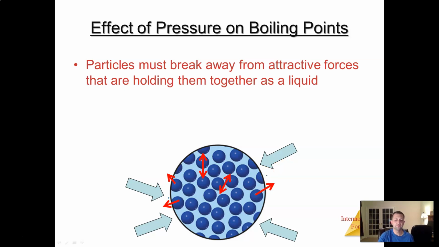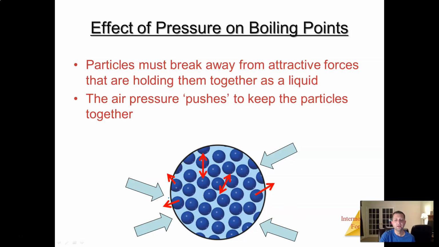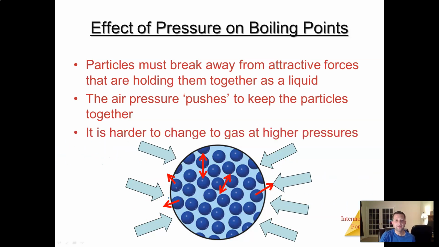What happens if I add more arrows here? So here it's relatively easy, I guess, to turn from a liquid to a gas, because there's not a ton of pressure pushing in, holding that liquid state down. But look, if I add more, now look, all these extra arrows, all this extra air pressure pushing down on your liquid makes it that much harder for the liquid molecules to escape and turn into a gas state.